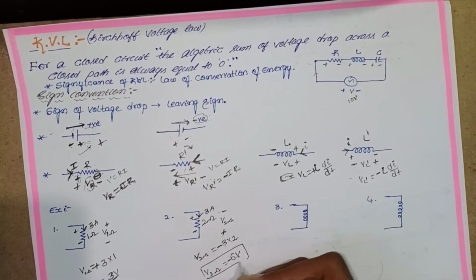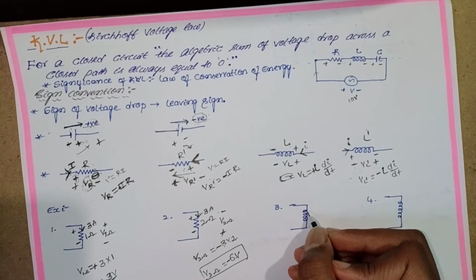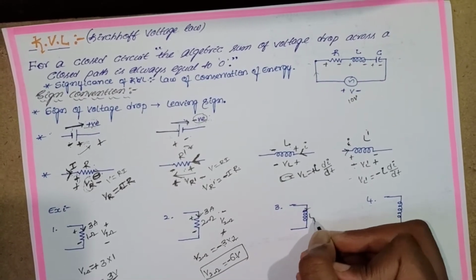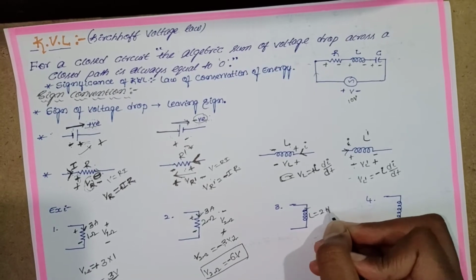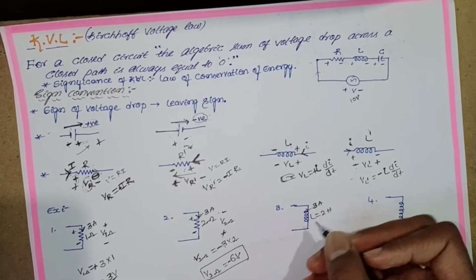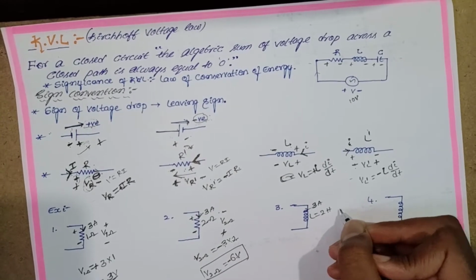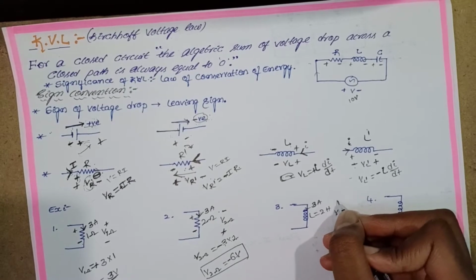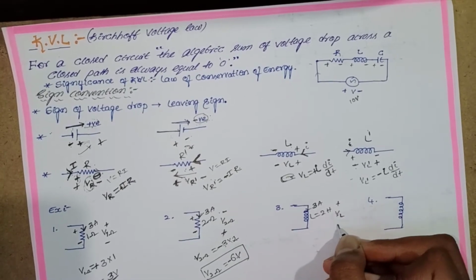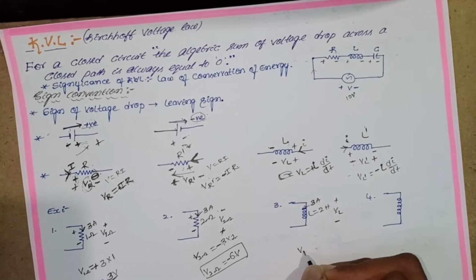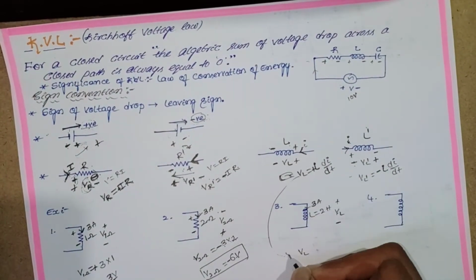Moving on to another inductor of inductance L. L is equal to 2 Henry and the current is 3 ampere. To find the voltage drop across the inductor, minus plus minus. Let's calculate VL. Compare this equation.